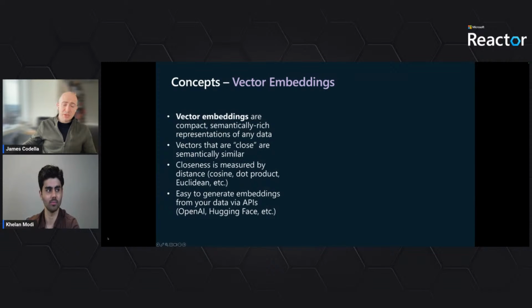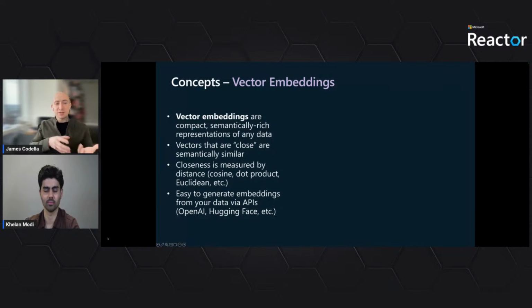And so to do RAG, there are multiple ways of doing it. A method that's extremely popular today and very accurate is by using vector embeddings and performing vector search, right? Vector embeddings, you may be aware, are a compact, semantically rich representation of your data. The idea is that you have some data, maybe data describing a product, and you can create a vector embedding using a model or an API service.